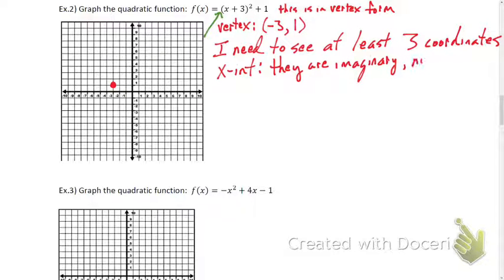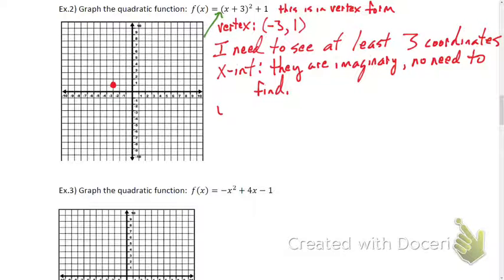No need to find these. Now, be aware, like if the vertex was down here and it opened up, then it would have an x-intercept. But the vertex is above the x-axis and it opens up. That parabola never crosses the x-axis, so that coordinate would not be useful at all.